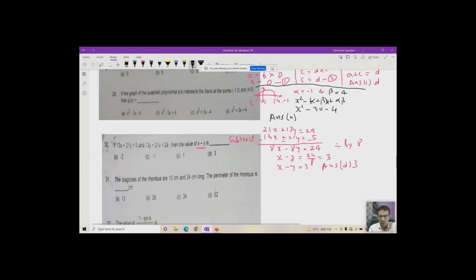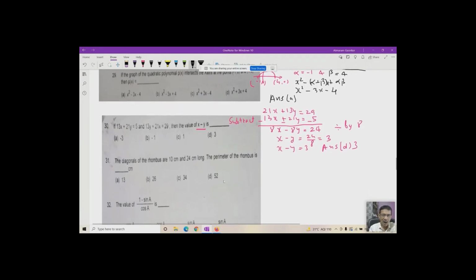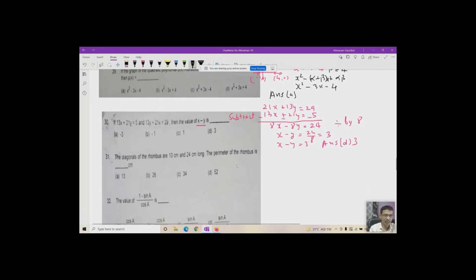Anyway, let me go to question number 21, and we are falling short of time. The diagonals of the rhombus are 10 and 24 long. The perimeter of the rhombus is dash. So first of all, a rhombus is a quadrilateral whose all sides are equal.